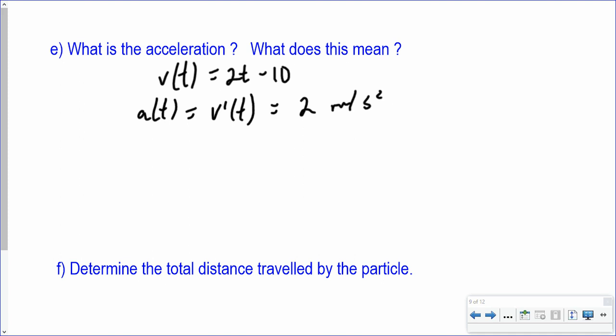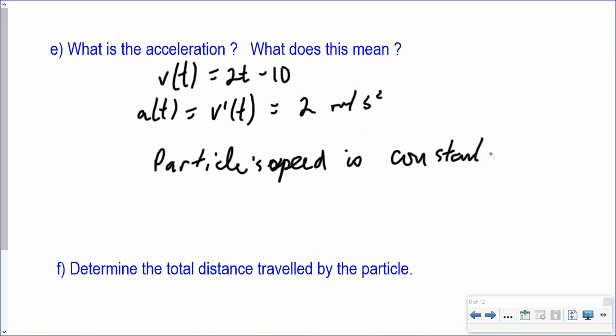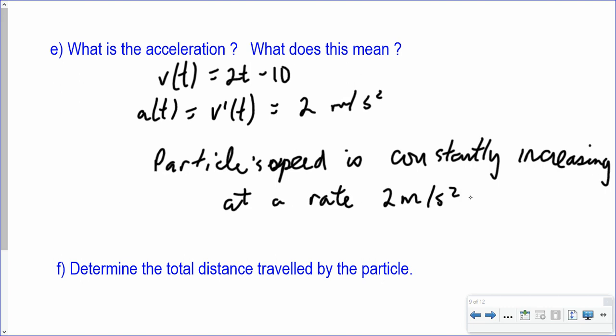So that means that the particle's speed is constantly increasing at a rate of 2 meters per second squared.